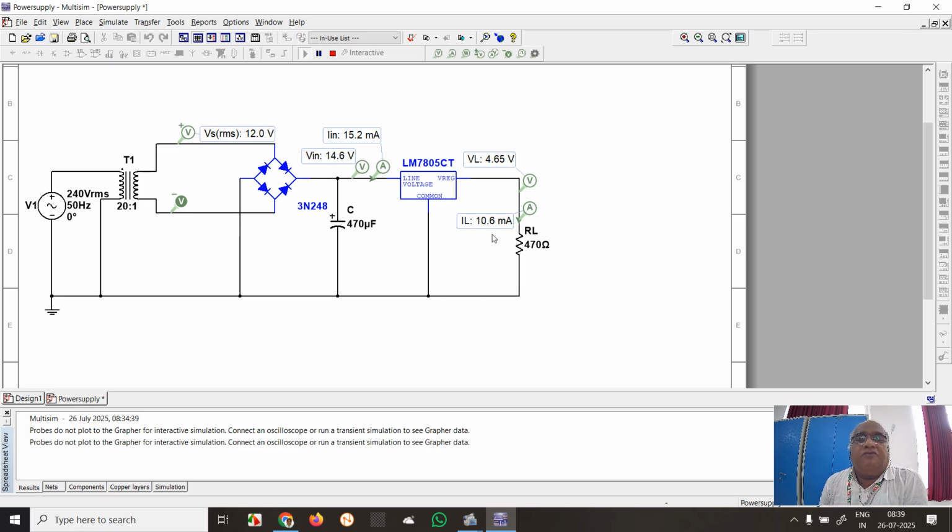And a load current of 10.6 milliamperes and the load voltage of this.